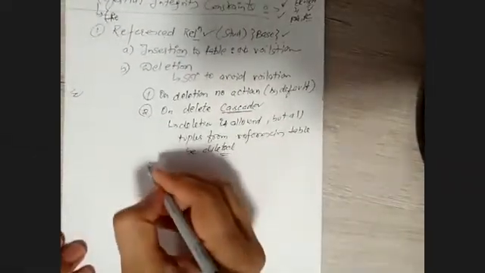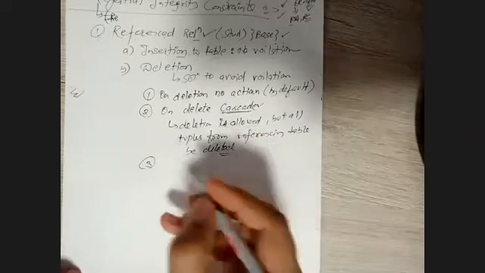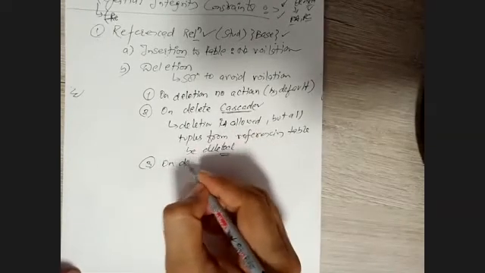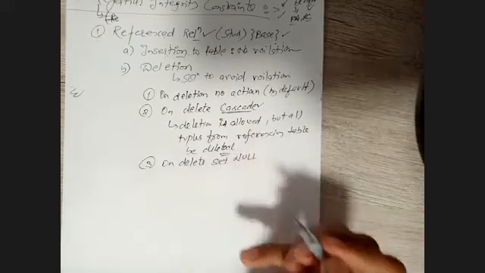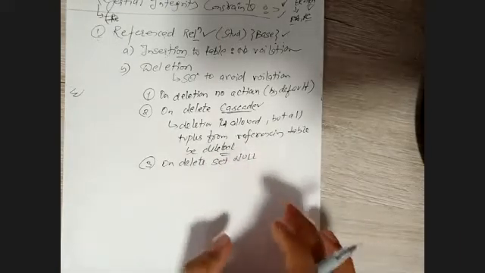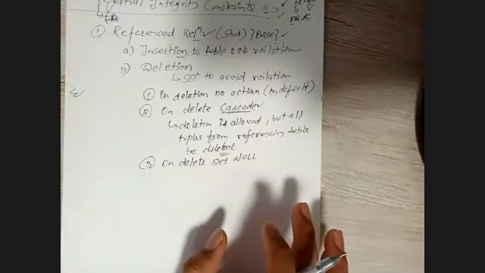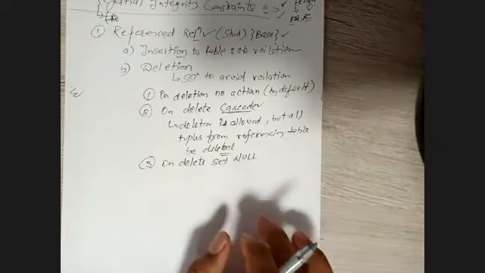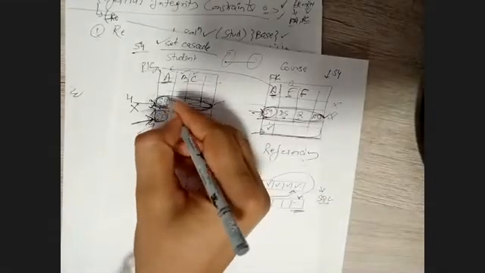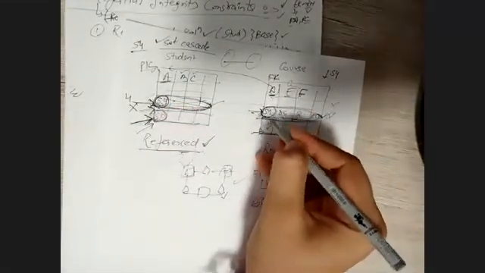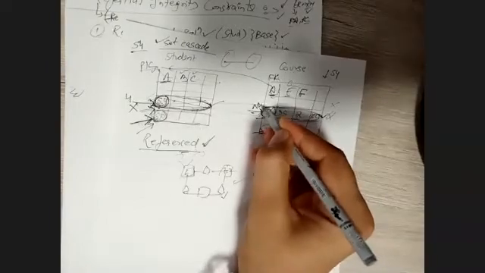And the third one is on delete, set null, right? So what happens if foreign key attributes allow null, right? And in the foreign key attributes, that's where we're going to put the null. Why? S4 is being deleted, right? So S4 is here, so what you can do is you just set null here.